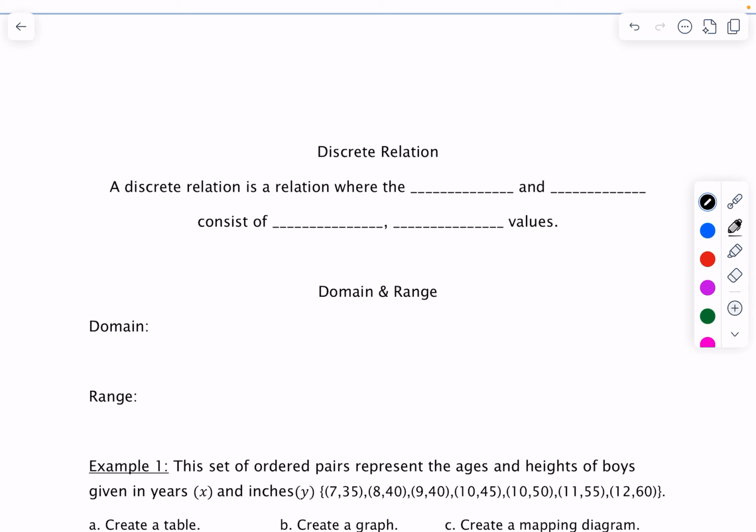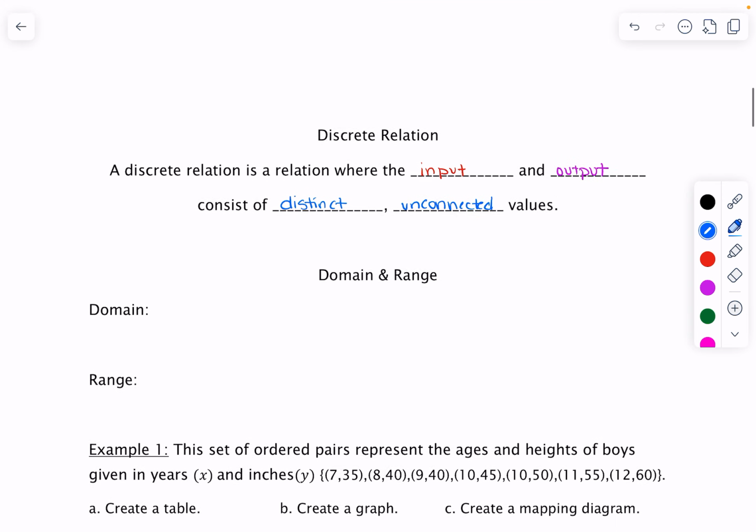So a discrete relation is where the input and output consist of distinct and unconnected points. That's really the key here. They're unconnected. Okay. So that is our goal today, to really talk about discrete relations.